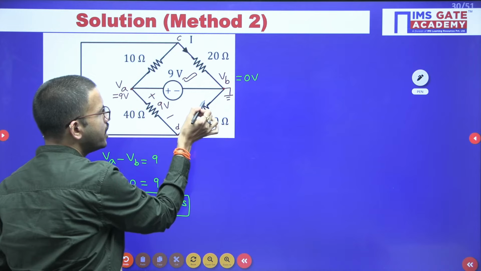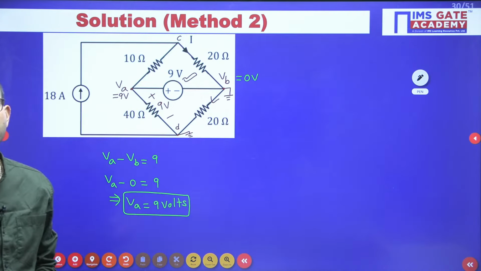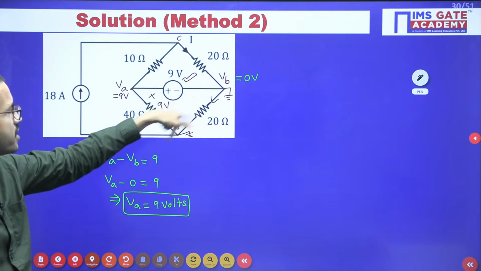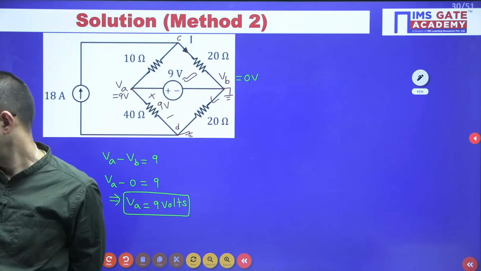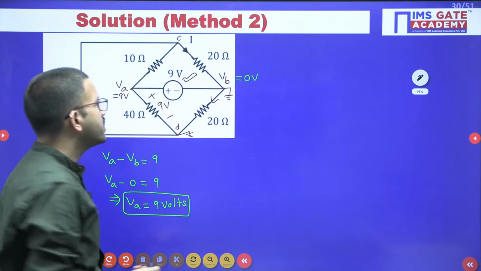Now, can you tell how much current will flow in this particular branch? It is very simple.